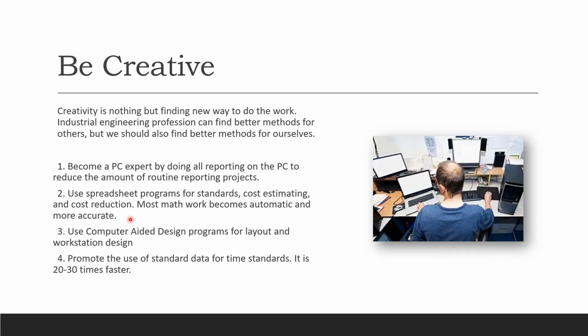You can also use spreadsheet programs for standards, cost estimating, and cost reduction. Most math work becomes automatic and also more accurate. And use computer-aided design programs for layout and workstation design.